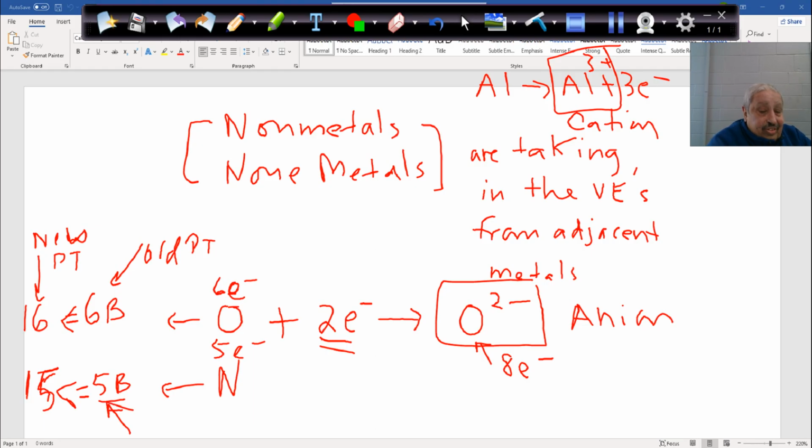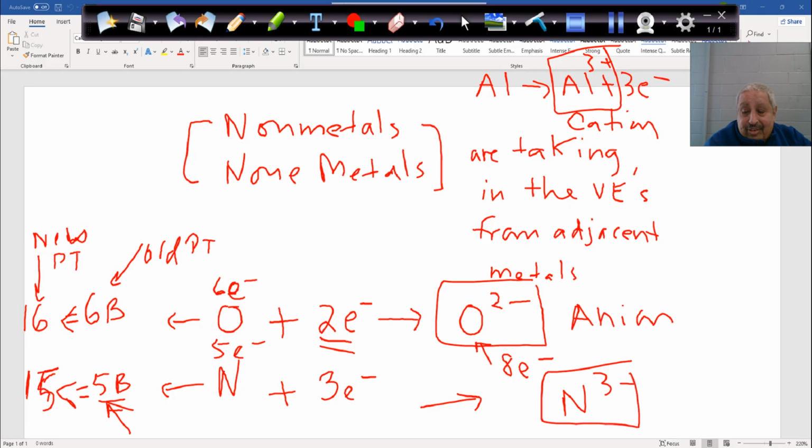It will tend to gain 3 more, so nitrogen will come out to be N3 minus, and it will have 8 valence electrons.